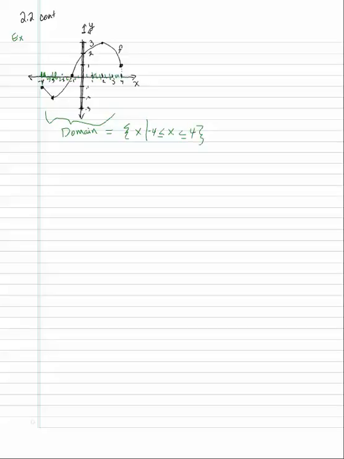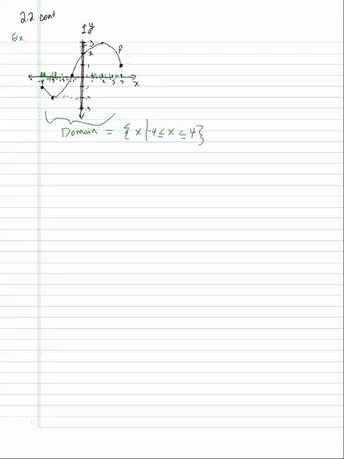Now the range is the set of all y values, so I look for the highest point, which is right here at 2, 3, and the lowest point, which is down here at negative 3, negative 2. If I were to squish this against the y-axis, where would it hit?